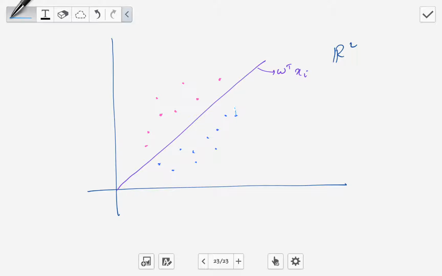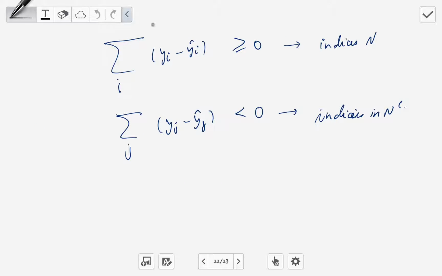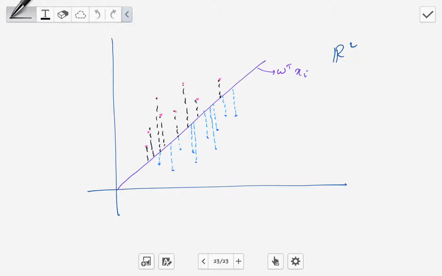And then we said, if we find the sum of these lengths, and the sum of these lengths, so what did this greater than 0 represent? Sum of these black lengths. This was represented by sigma i of y minus yi cap greater than 0, all these points, and then sigma j of y minus yj cap lesser than 0 was all these points.